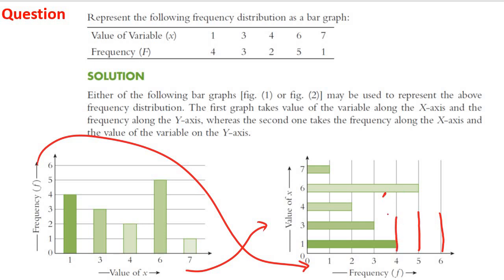Okay, so this is how it is drawn. So basically the first graph takes the value of the variable along the x-axis and the frequency along y, whereas the second one takes the frequency along x and the value of x as the y-axis. Okay, this is how we normally do it, but this one is also okay.